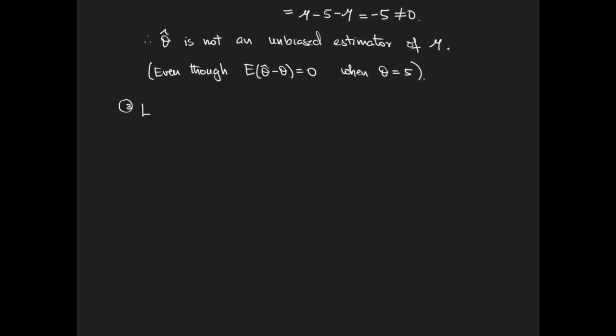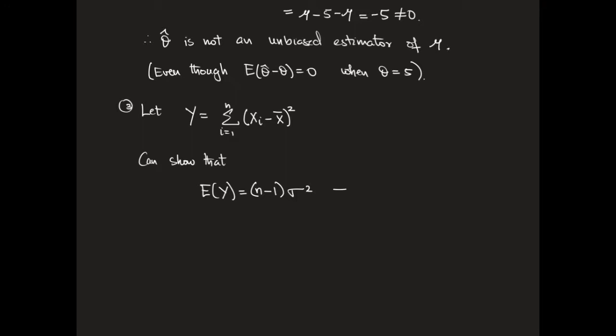Let's move on to another example. Let Y be the sum of the squared deviations of each of the sample entries from its sample mean. Then we can show that the expected value of Y is in fact going to be n minus 1 times the variance, that is sigma squared, which means that the expected value of 1 over n minus 1 times Y is going to be sigma squared.